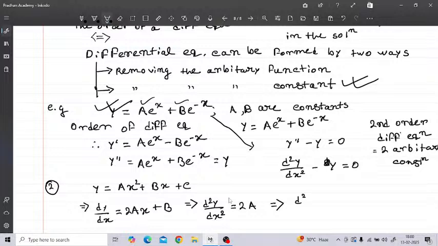Then differentiating this, d³y/dx³ will also be 0. So you can see we got the differential equation from the solution by removing all the arbitrary constants a, b and c, and the order of this is equal to the number of arbitrary constants, which is 3.